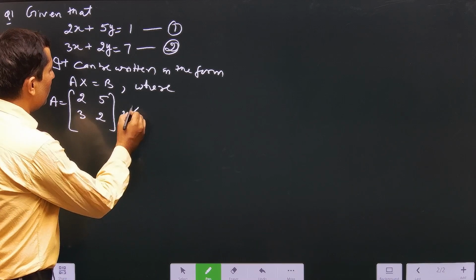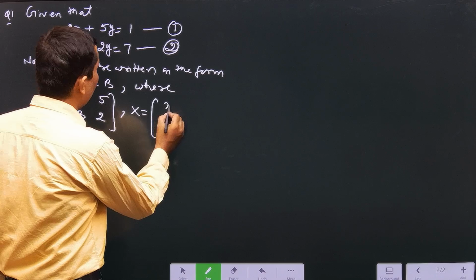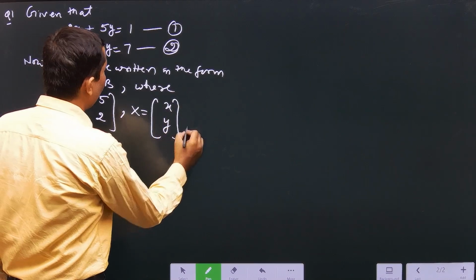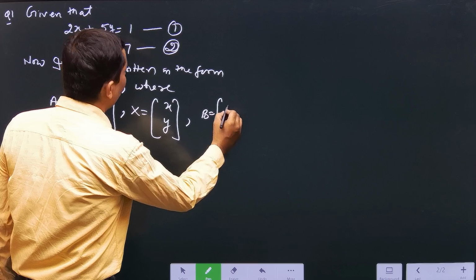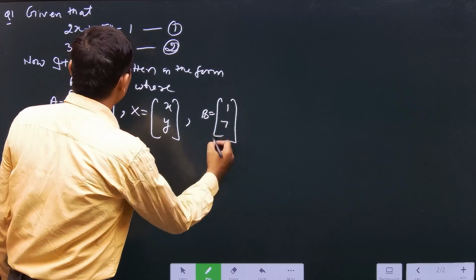And X is the matrix of variables x and y, and B is the matrix of constant values b1 and b2, that is 1 and 7.